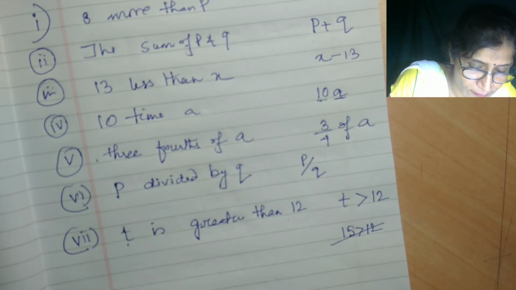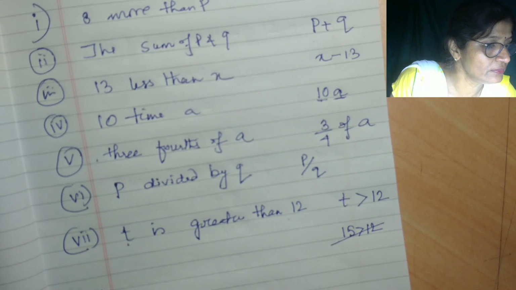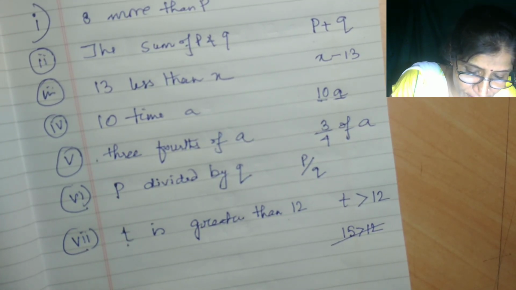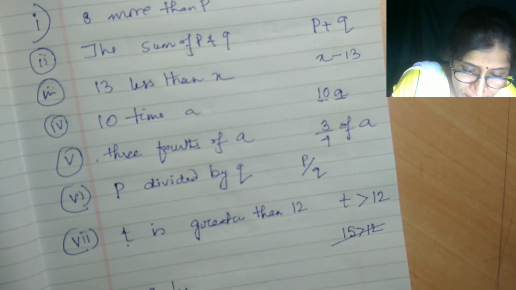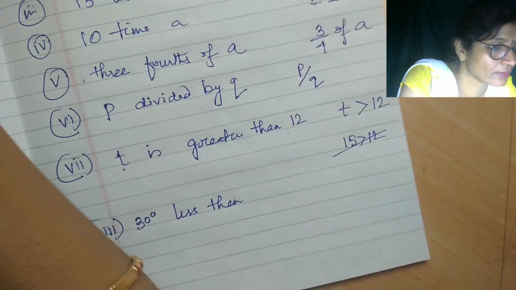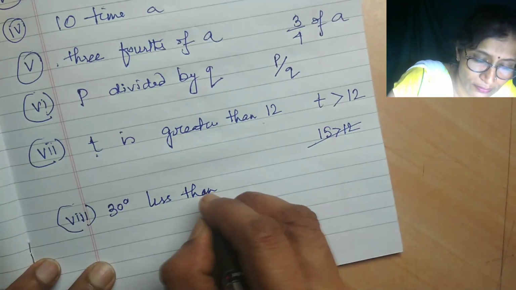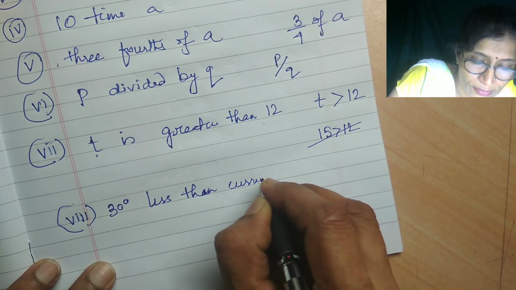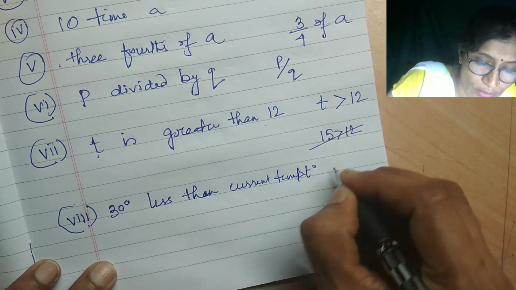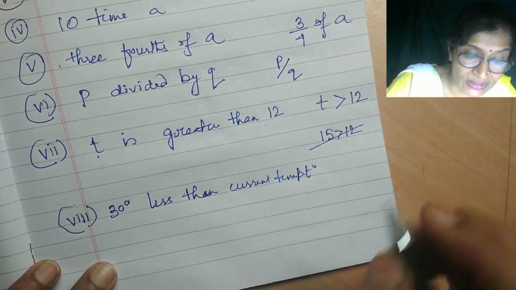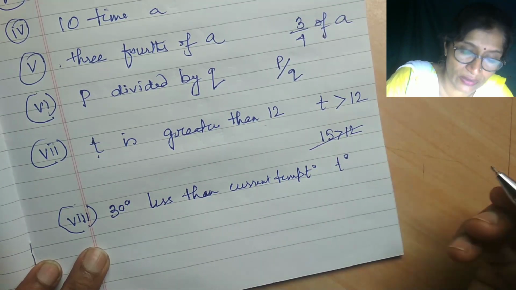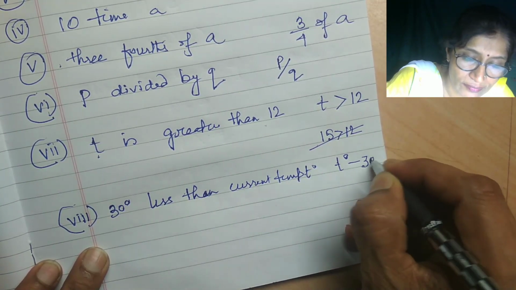Next is that it is written, 30 degree less than current temperature T degree. So how will you write? It is 30 degree less than T degree, so T degree minus 30 degree.